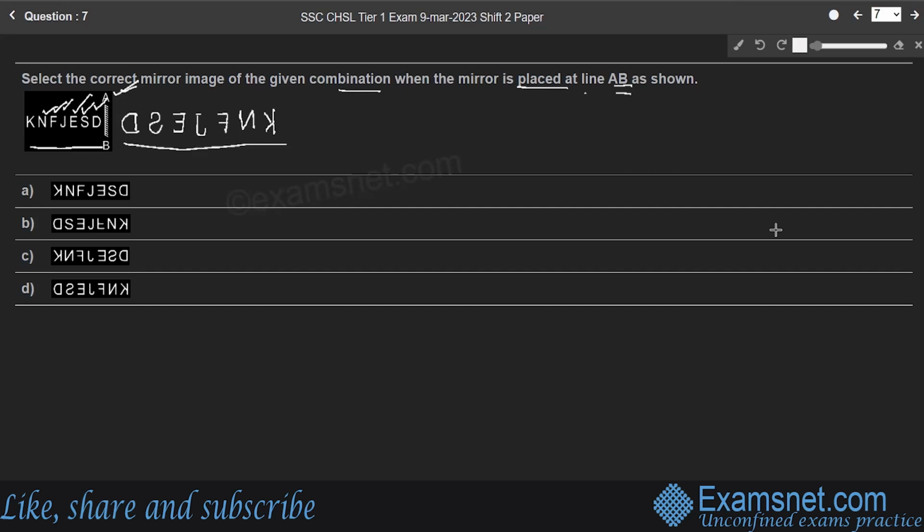Therefore, look at the options. So option C is the right answer. Is it option C? So properly DS, not option C. It should be option D. Yes, option D is the right answer, right?